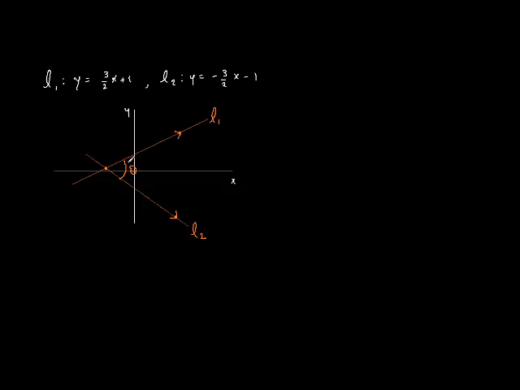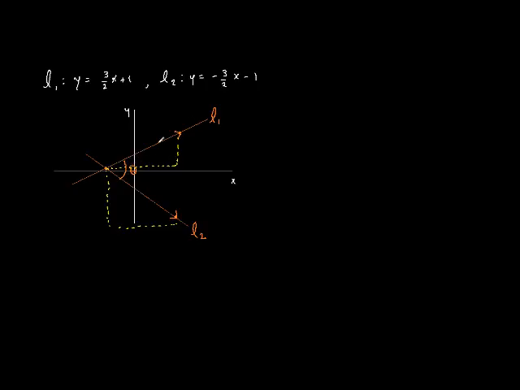Let's show the components in yellow. Here's one, and here's the other. With these two vectors, I will use the scalar product to find theta, the angle between them.